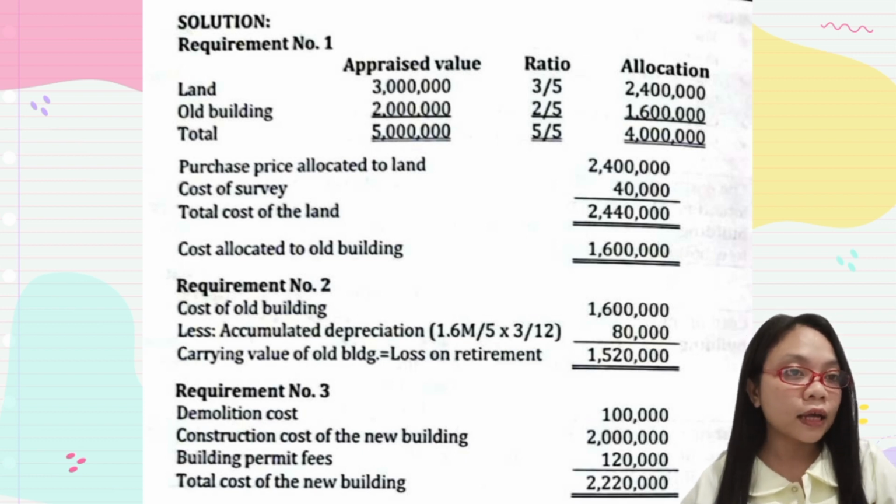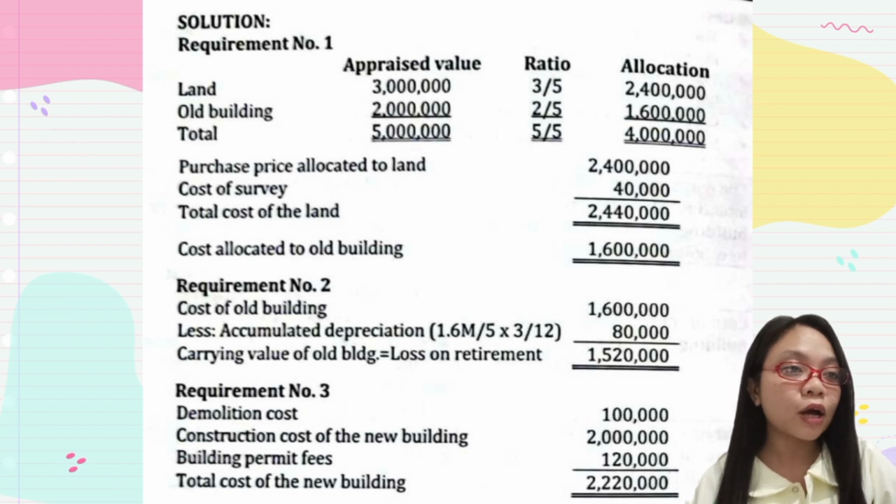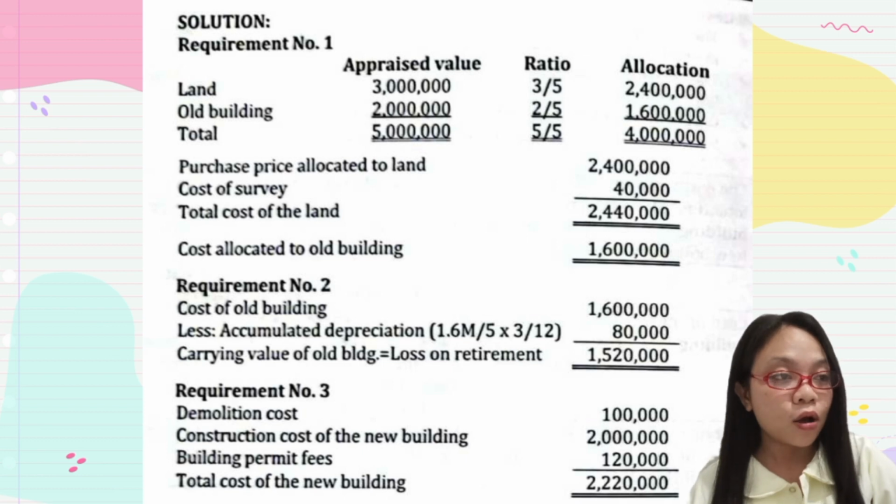And the appraised values are also given: the land, which is 3 million, and the old building, which is 2 million, for a total appraised value of 5 million. So, how do we allocate the total purchase cost to the land and old building? We will use the appraised value.